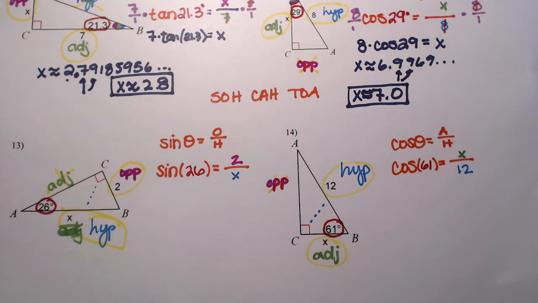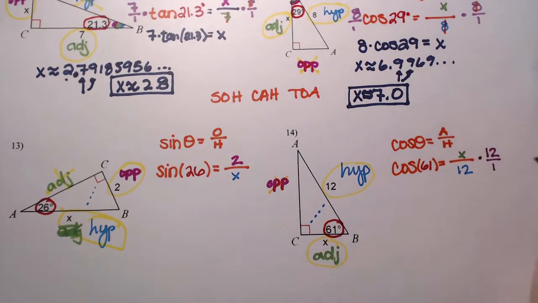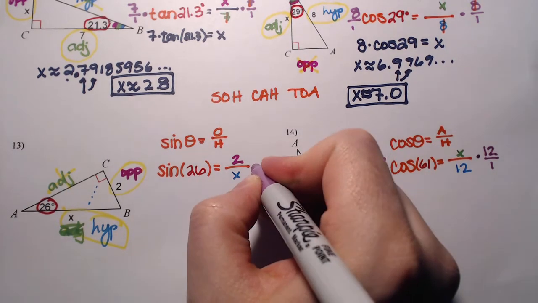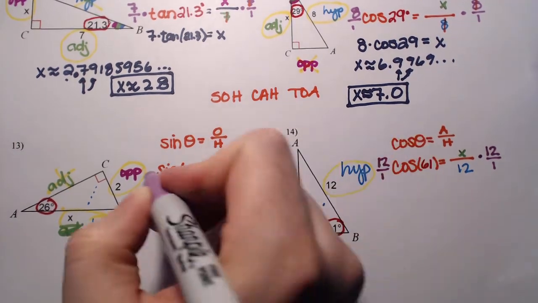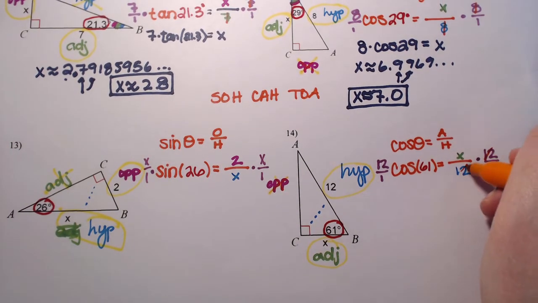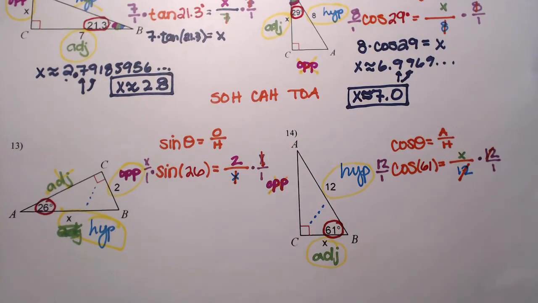So we're still going to follow the same kind of process to undo what's in the denominator. So I'm going to multiply by 12 over 1 over here. On this side, though, I have to multiply by x over 1. Because just like 12 divided by 12 reduces to 1, x divided by x reduces to 1.